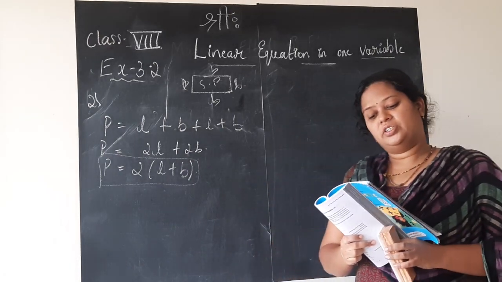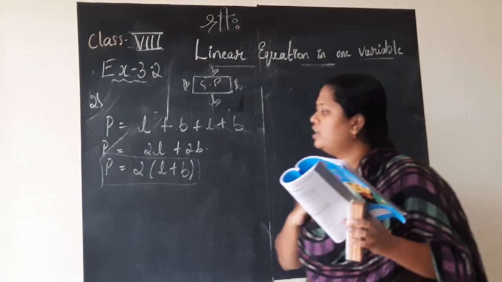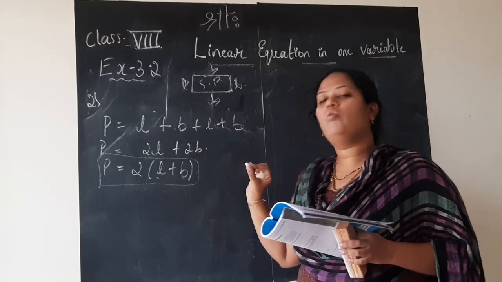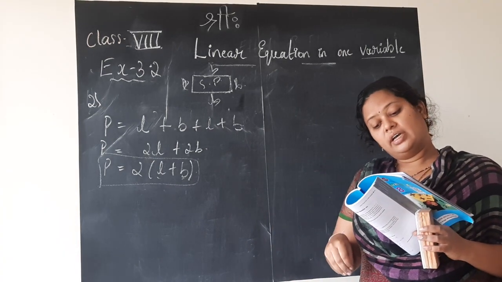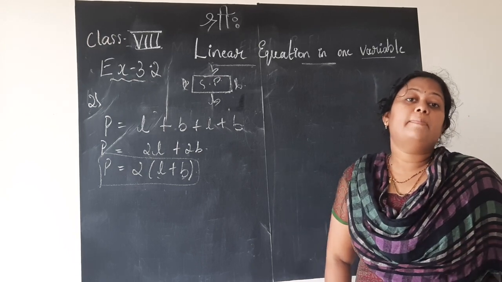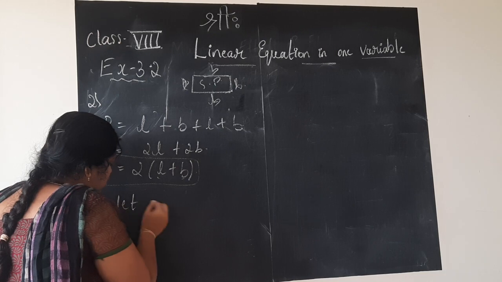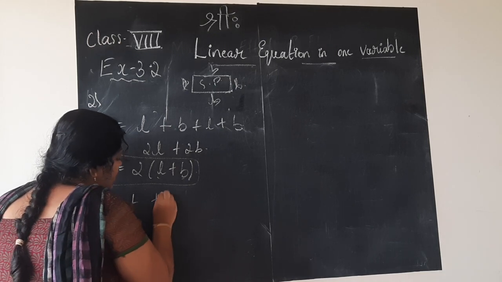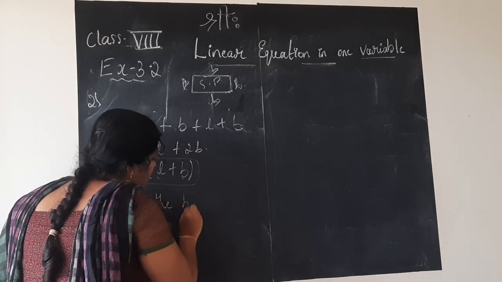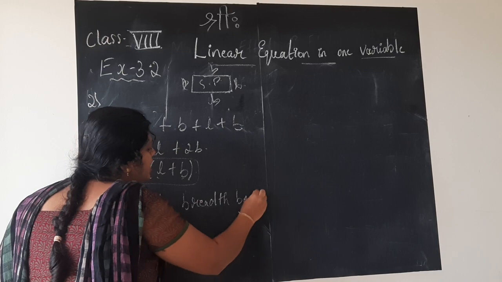Now if you look at the question, they have given the perimeter of a rectangular swimming pool is 154 meter. So we know what is P here in the formula. But we don't know what is length, what is breadth. To find that, they have given that its length is 2 meter more than twice its breadth. So we don't know either the length or the breadth. So what we will write is, as in the previous problem, let the breadth be x.